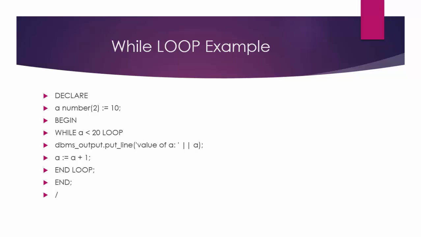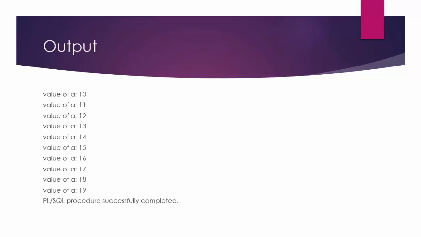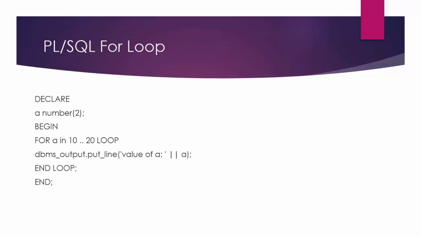Value of a is 10, then 11, 12, 13 till 19, because a will be a plus 1. So 10, then 10 plus 1, 11, then 11 plus 1, 12 till 19. Once it becomes 20, the condition is false and it goes outside the loop. Otherwise, the code between loop and end loop will keep repeating again and again till it finds the exit condition. Here is the output as already told.